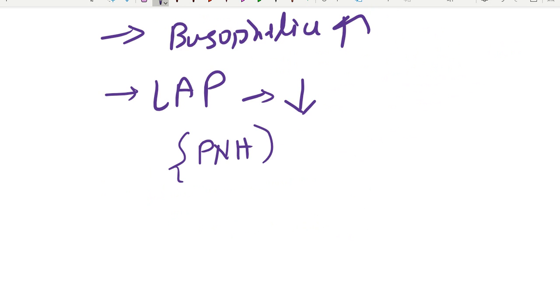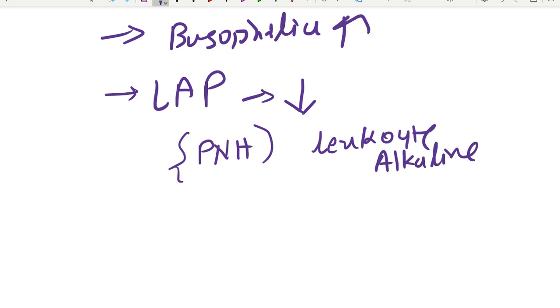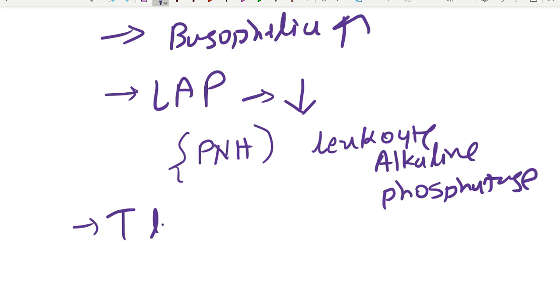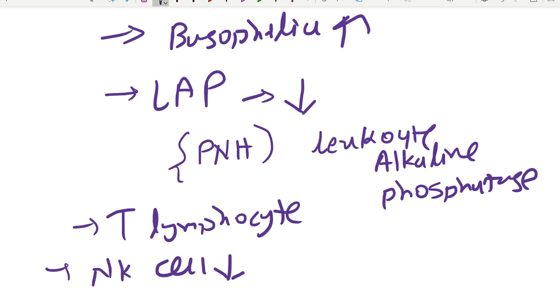LAP stands for leukocyte alkaline phosphatase. T lymphocytes are increased, natural killer cells are decreased, B cells are normal.